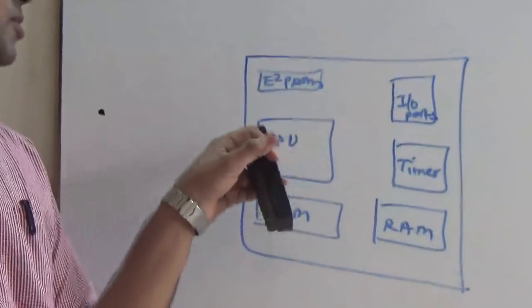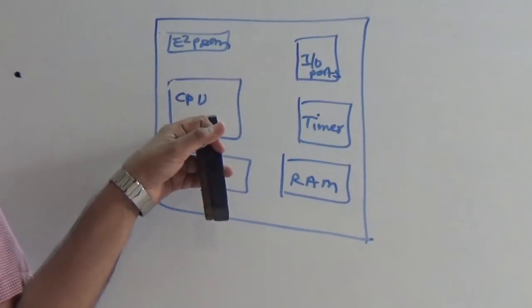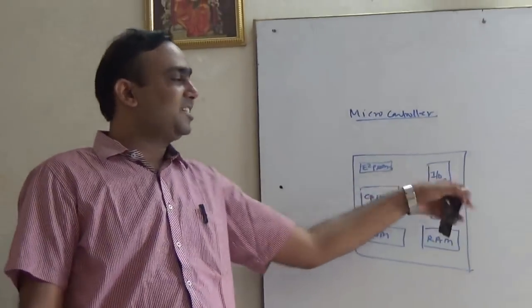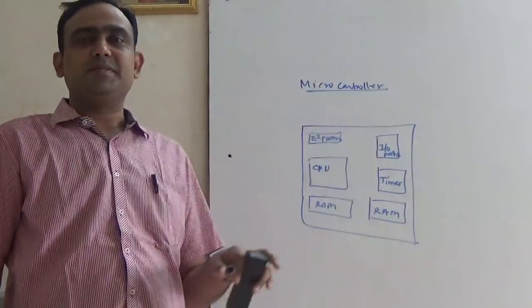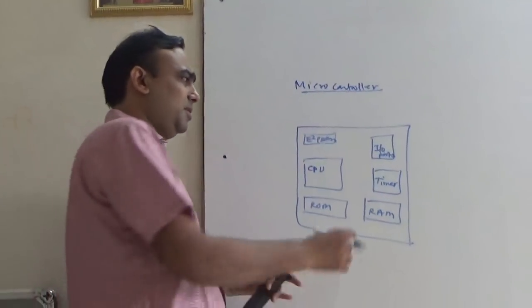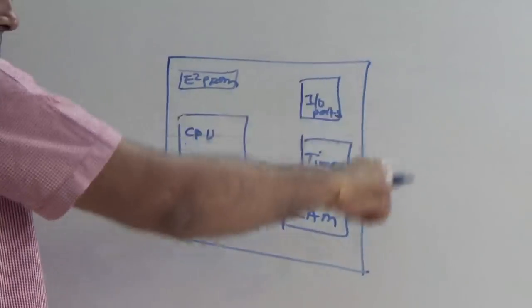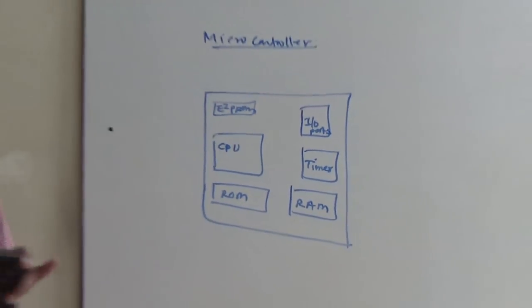So what is the difference? In the case of the microprocessor world, we have a separate CPU, and that separate CPU is attached to different other chips, for example the timer chip, ports, I/O chips, RAM chip, ROM chip. Here it is everything in a single chip.